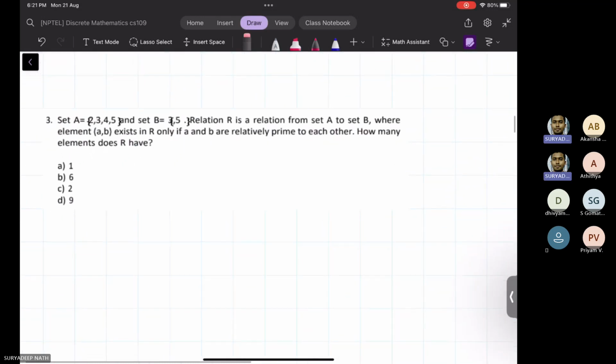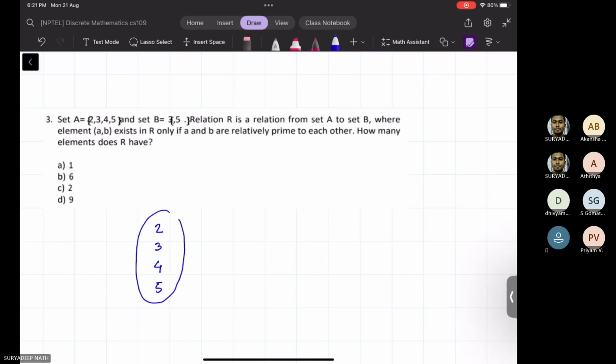So you have a set A. I'll write it down over here. You have 2, 3, 4, 5. This is set A. And you have another set B, which is 3, 5.